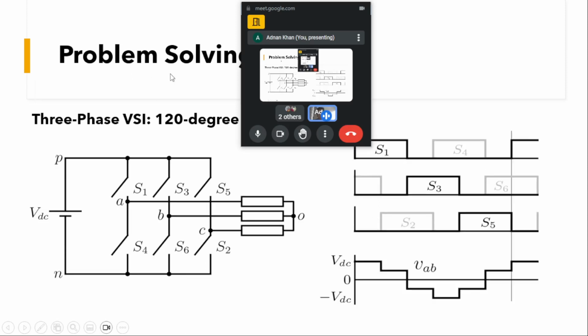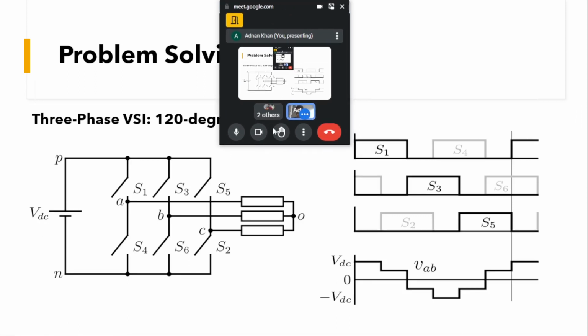Now we come to the 120 degree conduction mode. Here each of the devices conducts for 120 degree, like S1, S4, and each leg is shifted from one another by 120 degree. If you see each 60 degree period, let us say from 0 to 60 we have S1 turned on and S6 turned on.